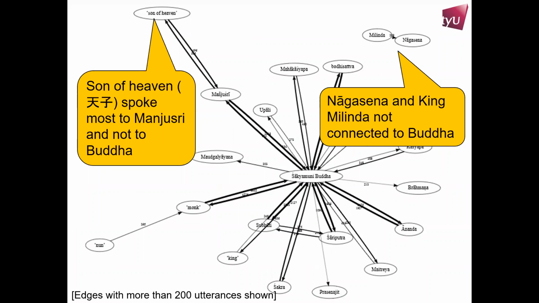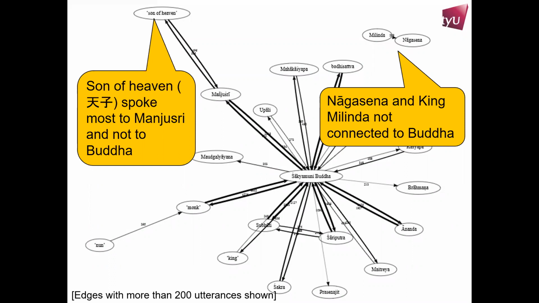You can also look at other characters and other, I suppose plot is not the right word here, but communities in the Buddhist canon. So one question we ask is, given the centrality of Buddha, is there any character to whom he never spoke, or at least no direct speech was reported or retrieved by our algorithm? We found that there are some characters who fall into this category. There's a son of heaven who spoke mostly to Manjusri, Bodhisattva, but not to Buddha.